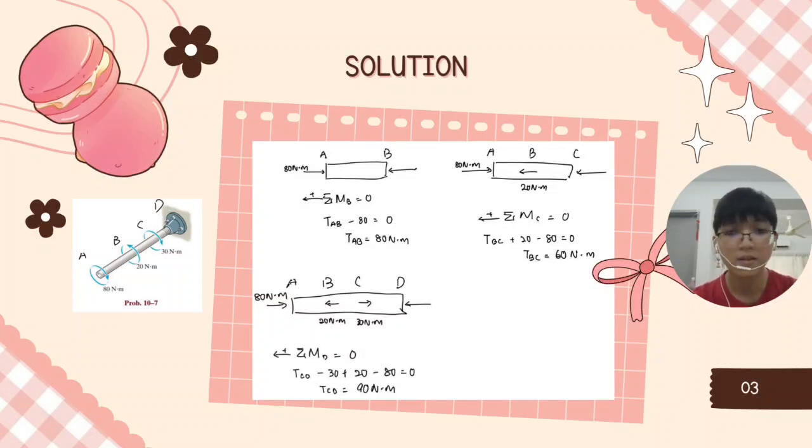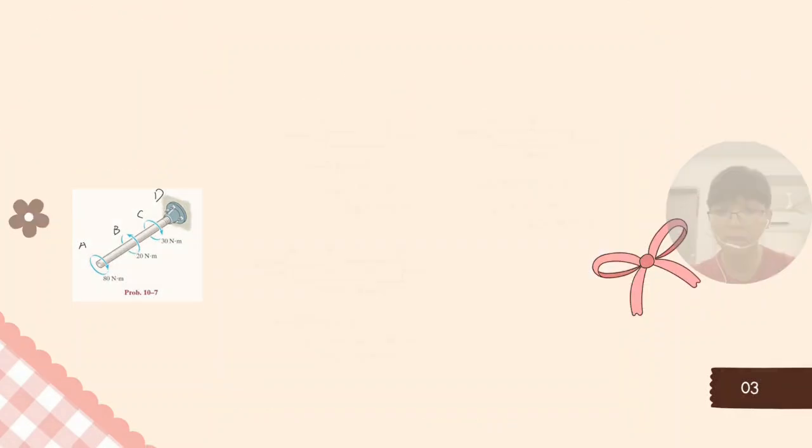So the TBC will point to the left so that the answer will be 0 at the end. Also for TCD, the sum of the numbers here will point to the right, so for the TCD we have to point to the left also to balance it.